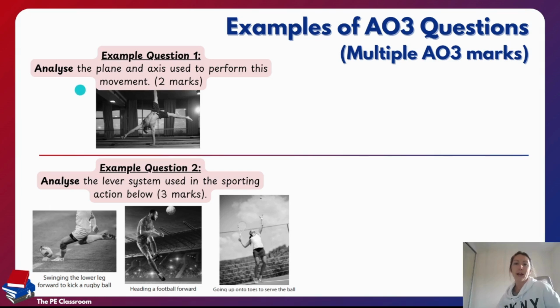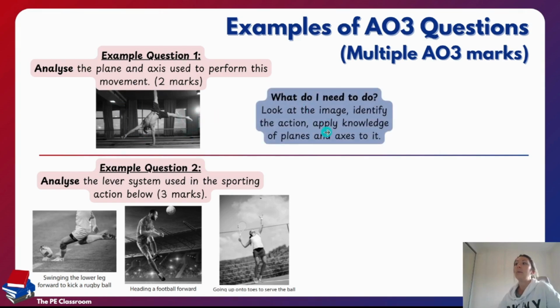Analyse the plane and axis used to perform this movement. We recognise that this is a cartwheel, and we need to identify the action within the image before we apply our knowledge of planes and axes. As the athlete is doing a cartwheel, they are going around the frontal plane and the sagittal axis.